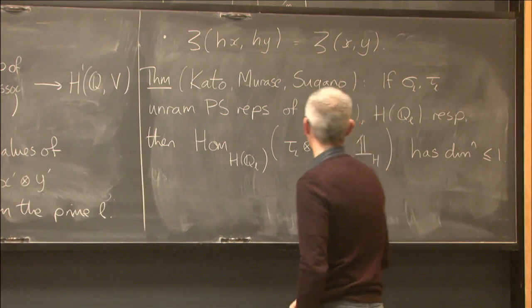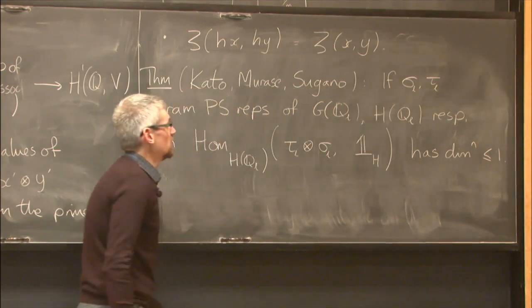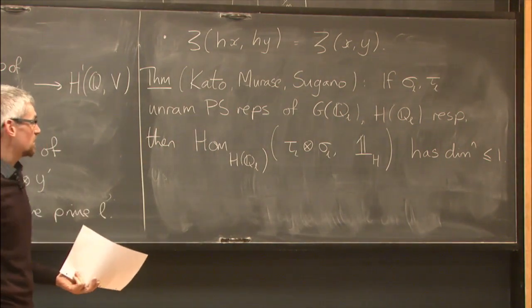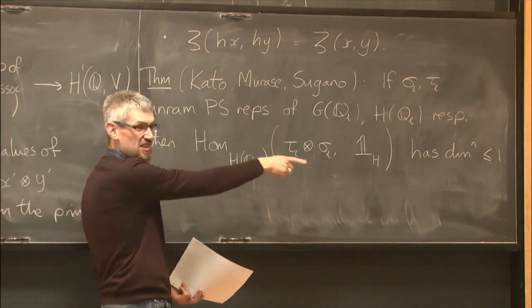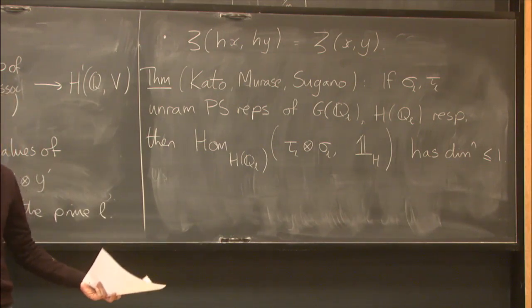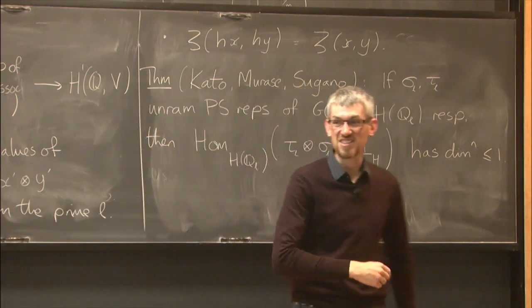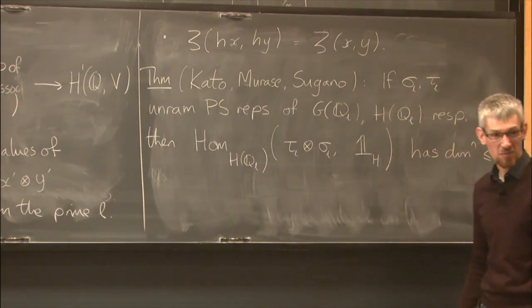Be a bit more consistent with my notations. So we have some bilinear pairing in this space coming from this monstrously complicated global construction, which we don't really understand at all. But if we can build anything else in this space, then the global one must be a multiple of it.